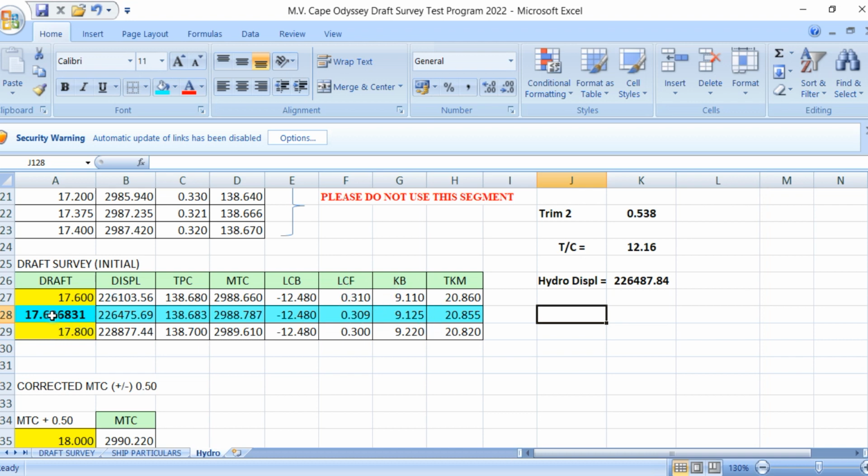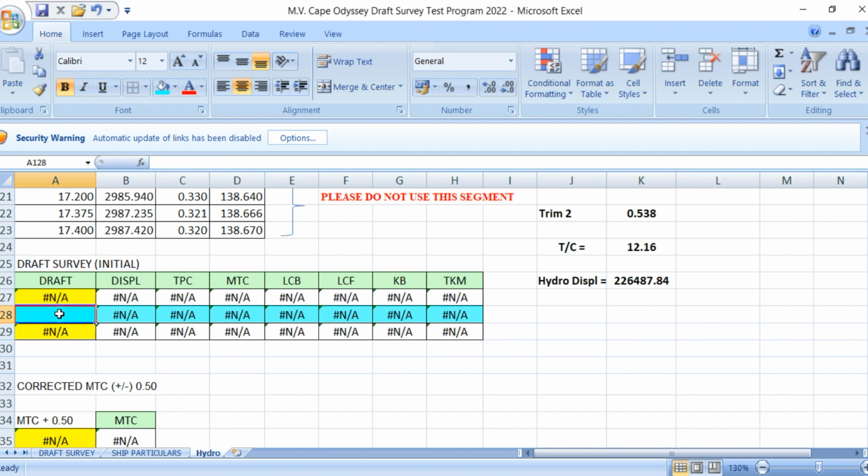For example, if we take out this one, this is already programmed. Take out this one, delete this one. So all the values here are taken out. Since it is already programmed and interpolated, we just put here equals.